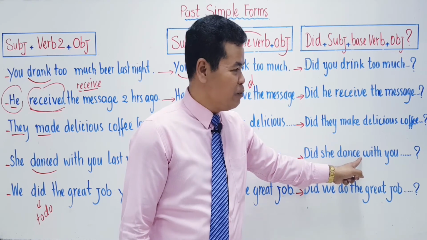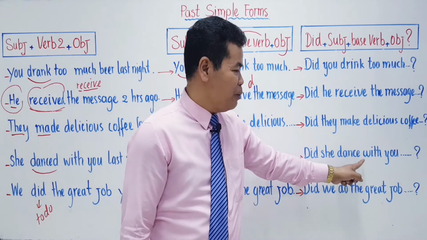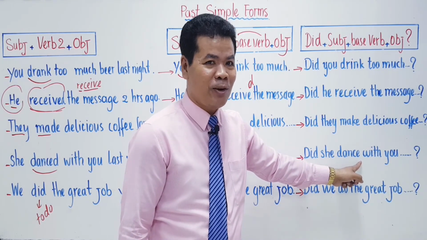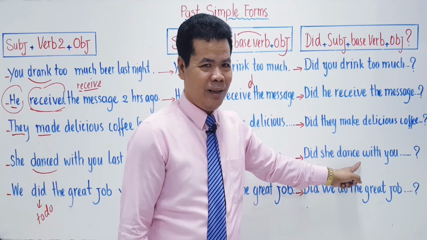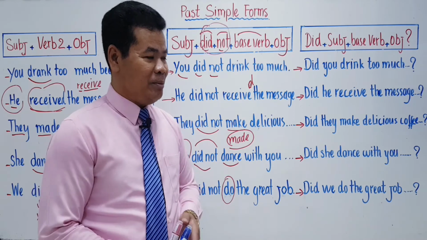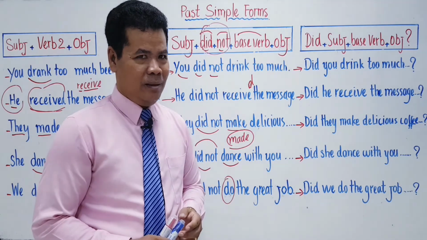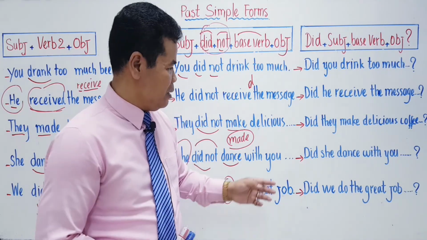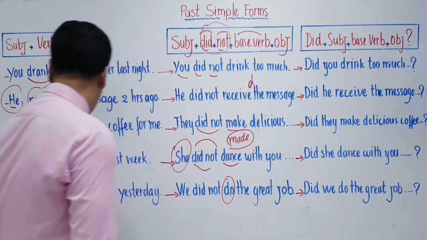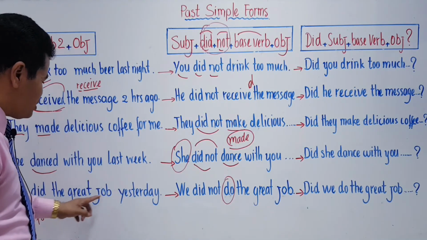That will give you 0 if you put D here. Completely 0. So you have to be careful. Saying is no problem, but writing is the problem. Did she dance with you?